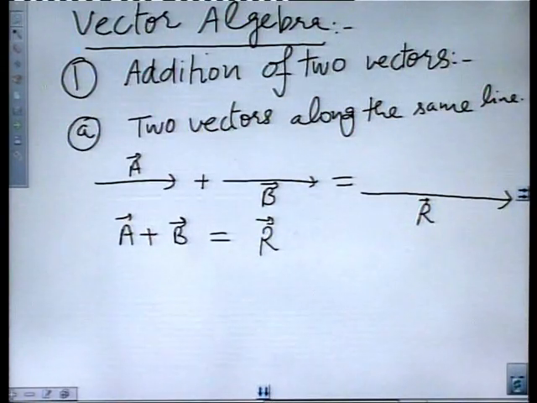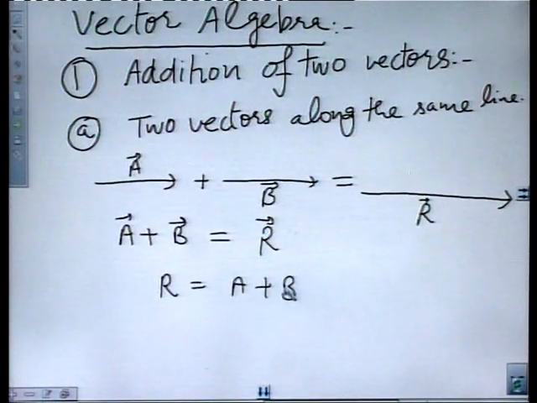R vector is equal to A vector plus B vector. The magnitude of R vector is equal to A plus B.